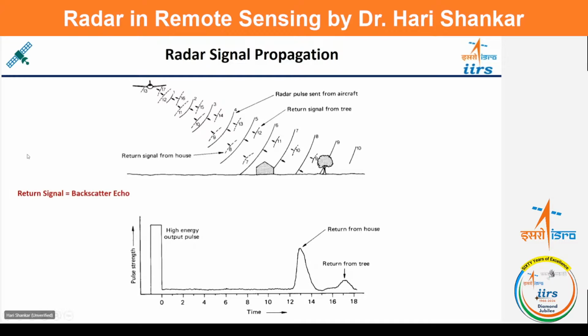So here you can see the pulse strength, means the intensity of the pulse versus time. Initially the intensity is very low, and suddenly the strength is increasing. It means this strength is increasing because of some backscatter received from this particular building.